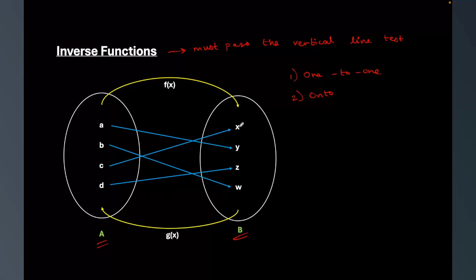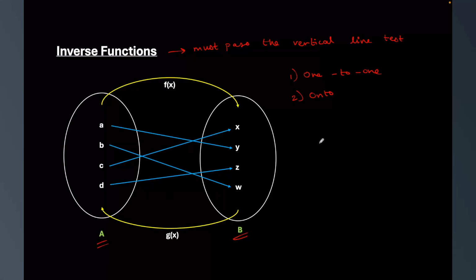Here my codomain is x, y, z, and w. For this to be an onto function, every single element in the codomain must be matched by an input. Let's say if B went to Z instead of W, I would say that this is not an onto function. I hope that clears it up.